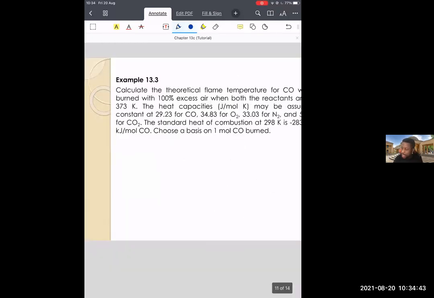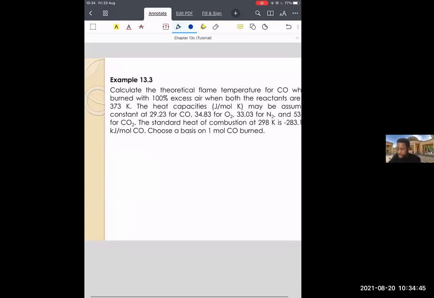So let's look at 13.3, question 13.3. Calculate the theoretical flame temperature. This was the last part we looked at yesterday, the theoretical flame temperature. I have my note here as well.